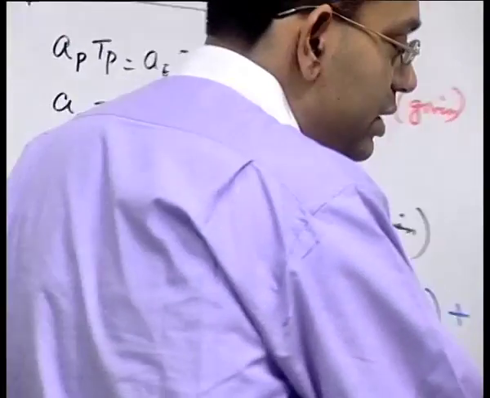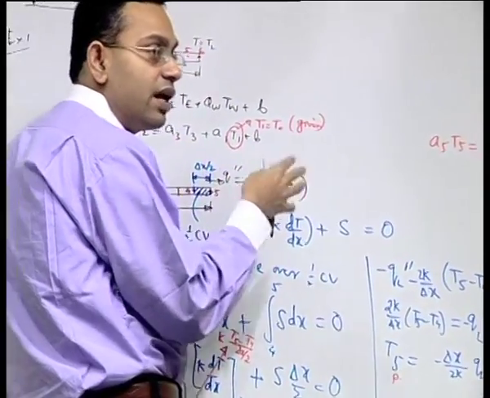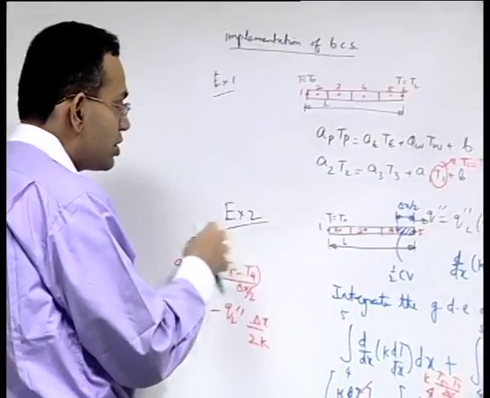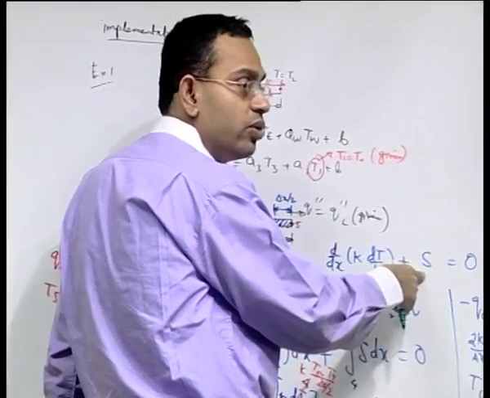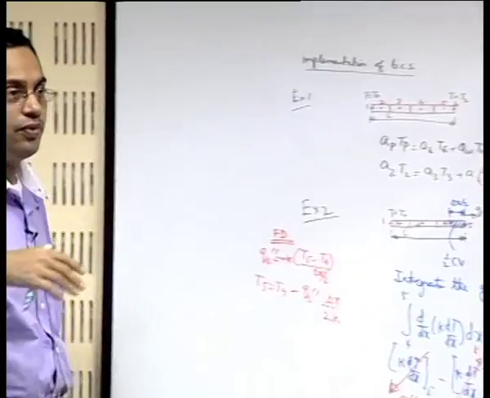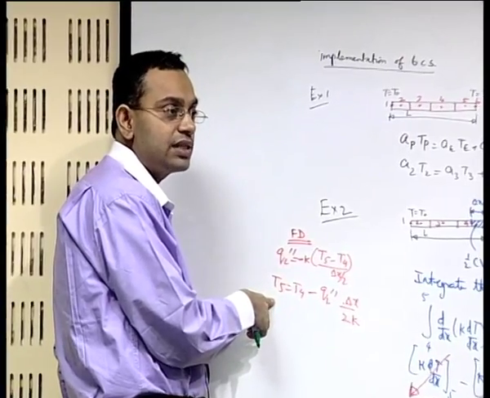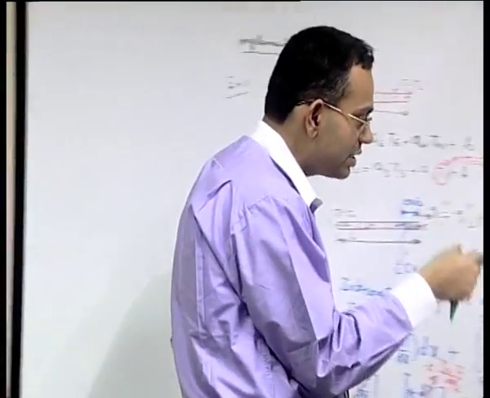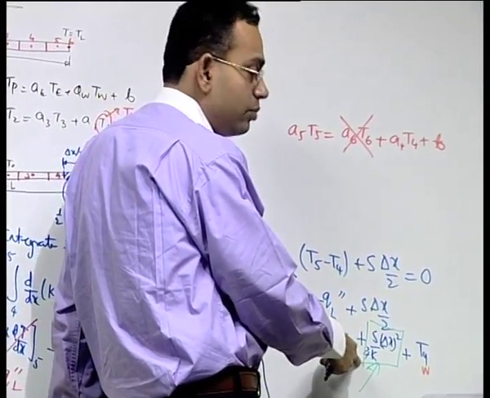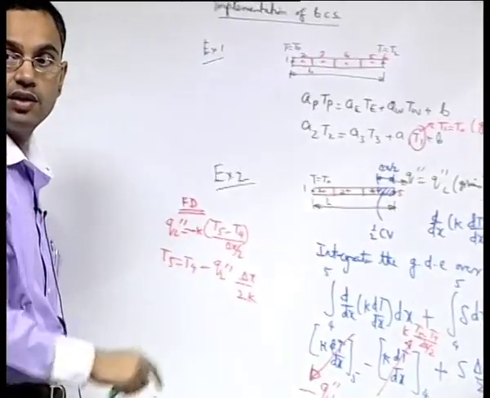So you cannot write the conservation of energy by considering that the heat flux entering is the same as the heat flux leaving. That was of course the case had there been no heat source, but now there is a heat source that is present. Many times this is a shortfall of the implementation of the boundary condition in this way. One can get rid of the problem in most of the cases, because the control volume being small, this extra term is not of great importance, but technically this is a more accurate way of representing the boundary condition than in this standard way of doing it.